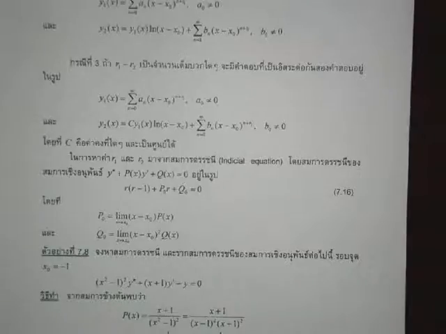But for the second solution, y2 is equal to c times y1 times the natural log of (x minus x0) plus the summation of bn times (x minus x0) to the power n plus r2.